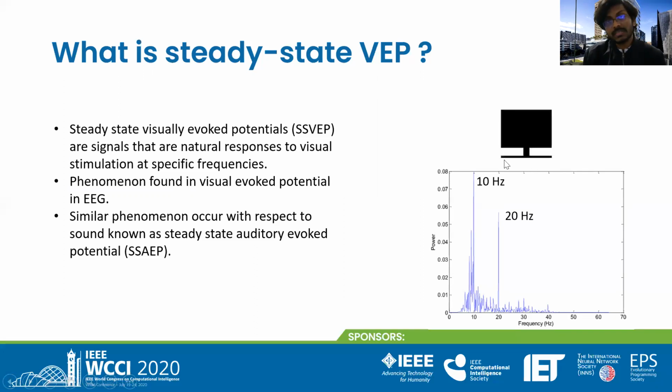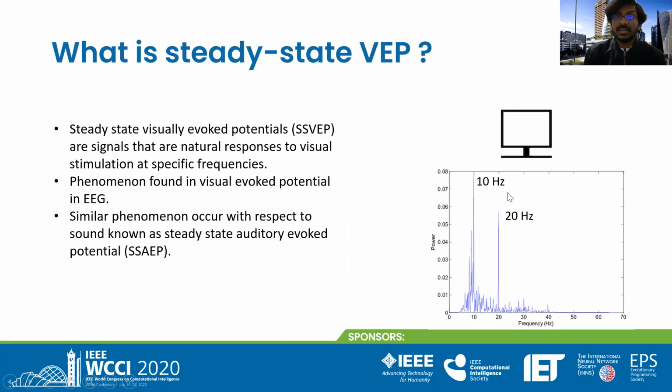So for example, this picture I showed in the previous slide. Let's assume this picture is at 10 Hertz. If you stare at this picture for a while, let's say about 2 seconds, and the signal gathered from the occipital lobe is fed into a fast Fourier transform, FFT, then the output will look like this.